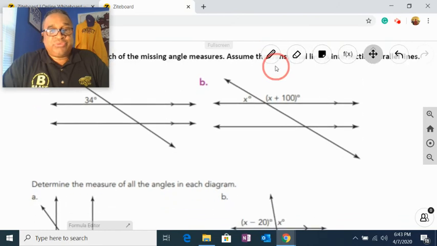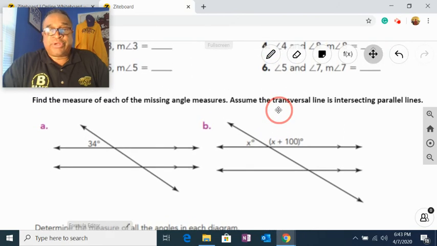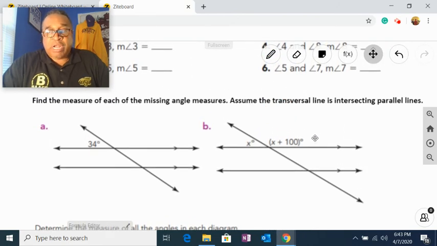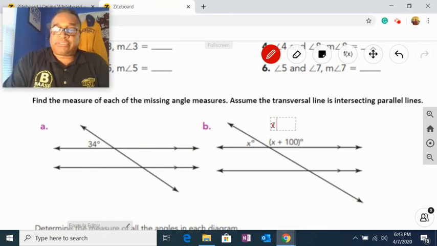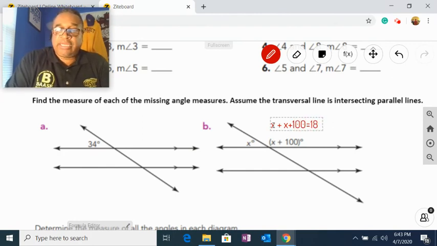And we can use what we know about angles here to solve those problems as well. These are supplementary. So I know that x plus x plus 100 must equal 180.